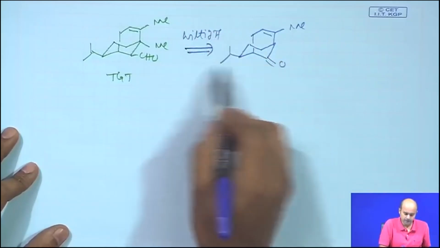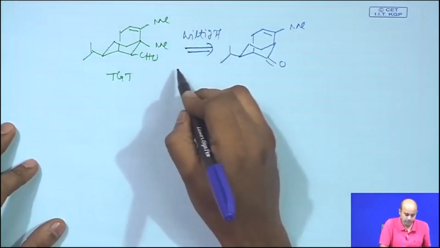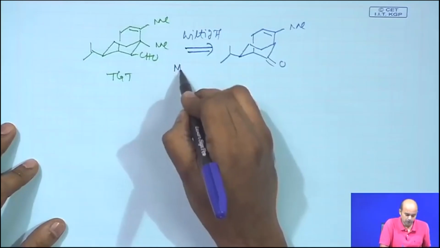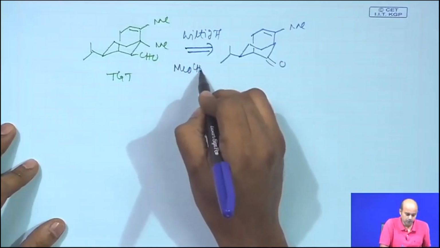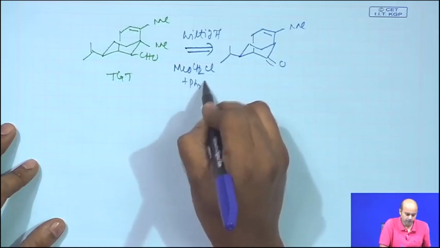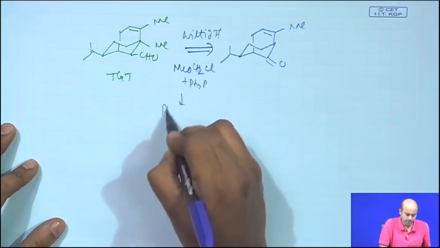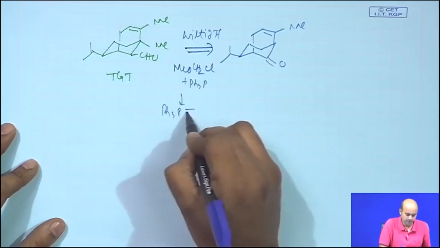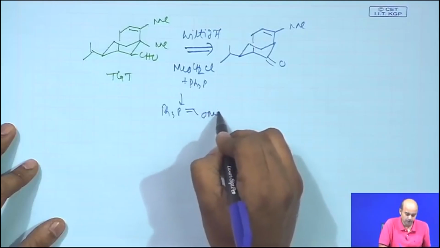We have not discussed how to do it, but if you remember, earlier we talked about this kind of disconnection. You use MOM chloride and triphenyl phosphine, get the Wittig Ph3P=OMe, you can use it.